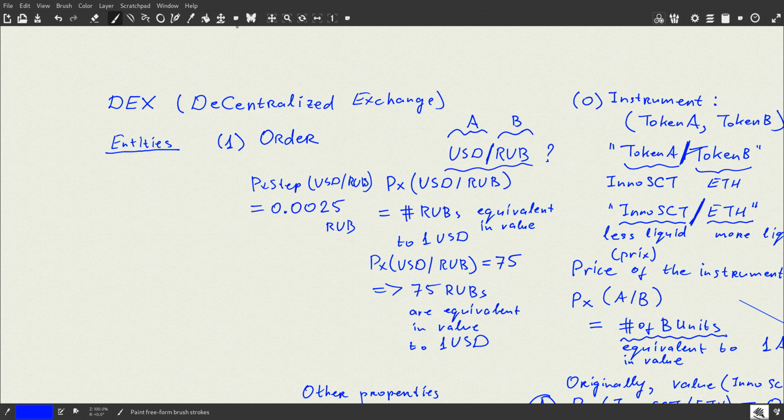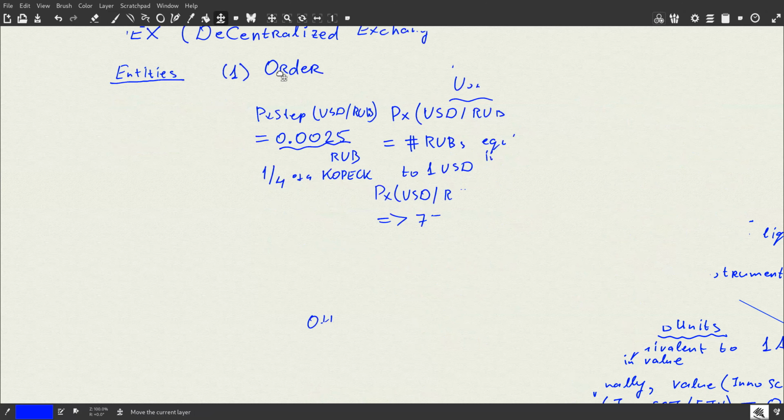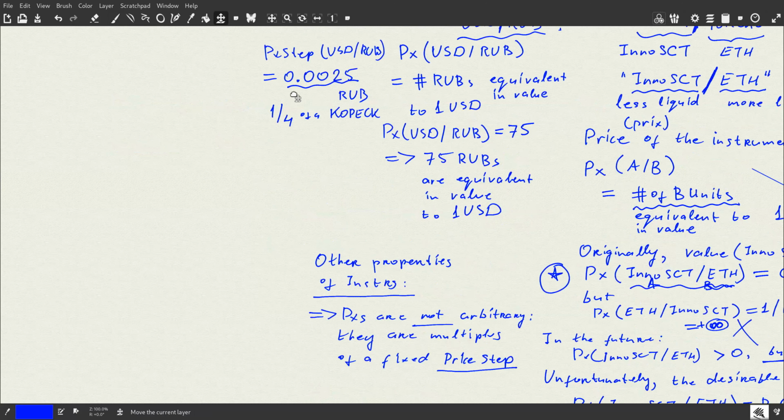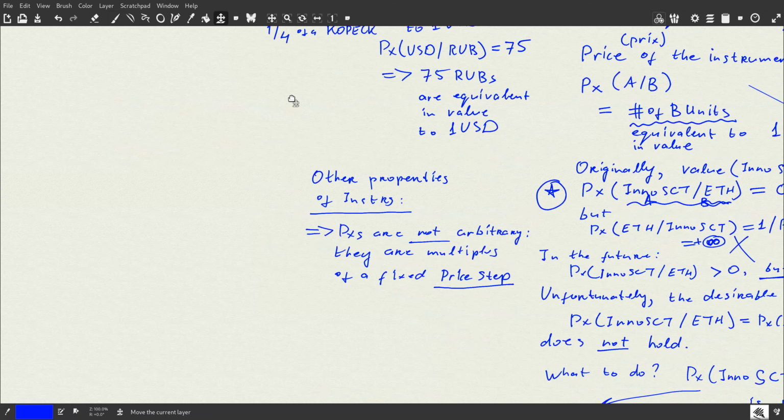So here, let us decide that our price step, the decision is up to you. We'll see.